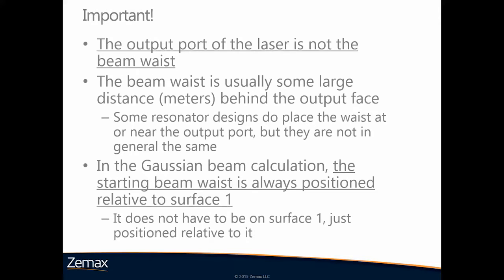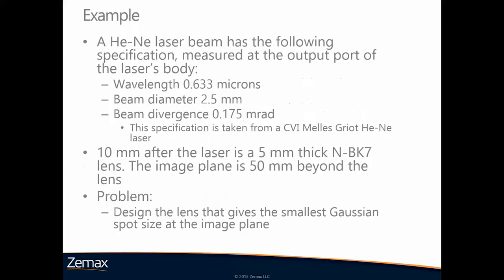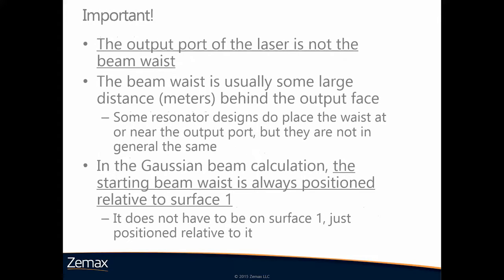And there's an important point here. The beam diameter, as the beam emerges from the output face of the laser, is not to be confused with the beam waist. Typically, the beam waist and the output port of the laser are two separate things.